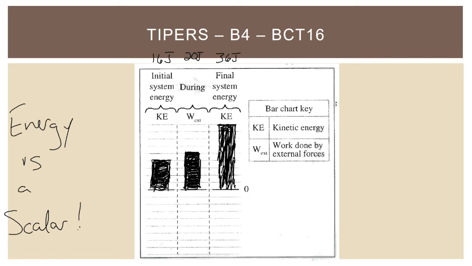Energy is a scalar. Even if you think about the equation 1/2 mv squared, if you plug in 1/2 of 2 kilograms times positive 6 meters per second squared, you get 36 joules. And if you plug in 1/2 of 2 kilograms times negative 6 meters per second squared, you still get positive 36 joules because a negative number squared is positive. Now, you shouldn't even be plugging in negative 6, of course, because kinetic energy is a scalar.